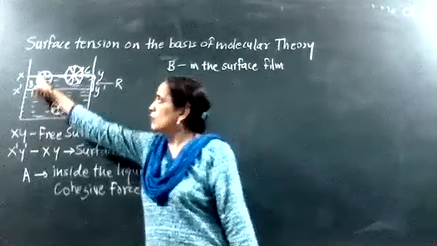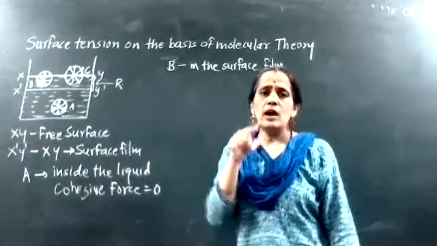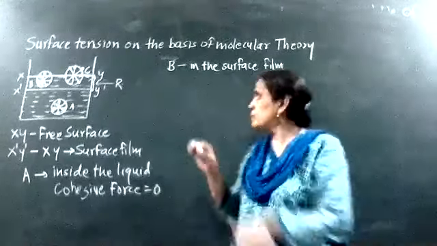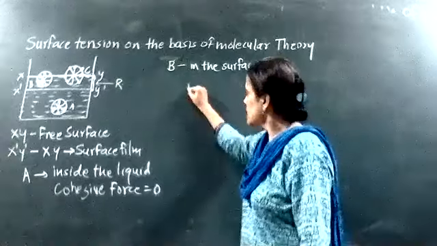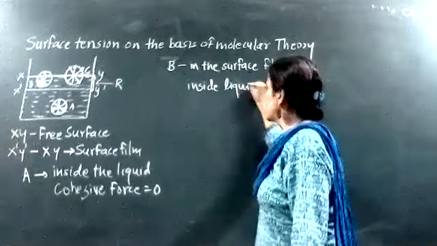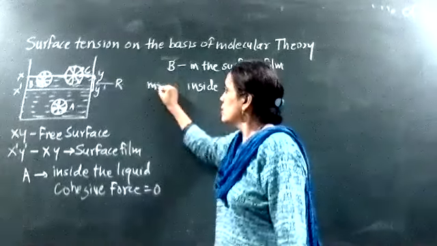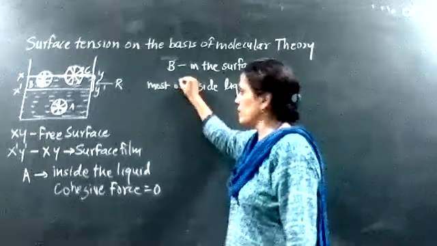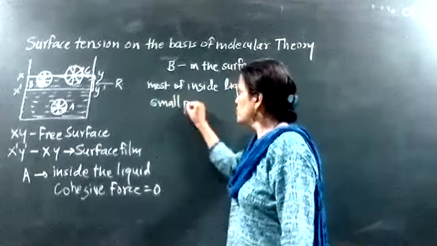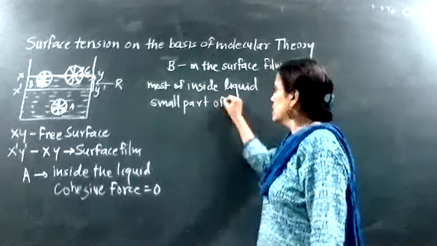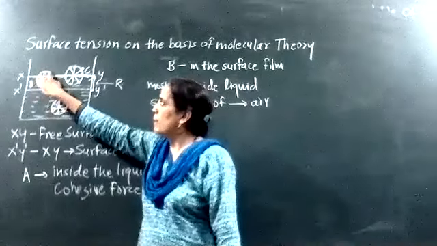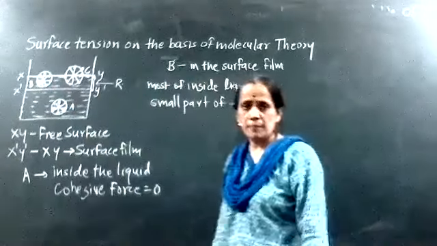Therefore, for the sphere of influence drawn around that molecule, most of the sphere of influence is inside the liquid, while a very small part of the sphere of influence is in the air medium. See here, this upper part will remain in the air medium.